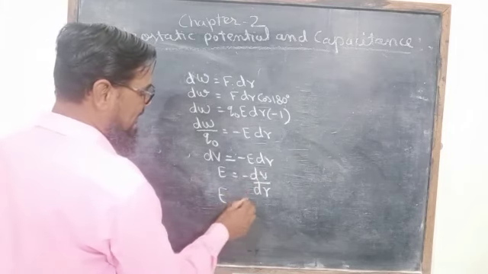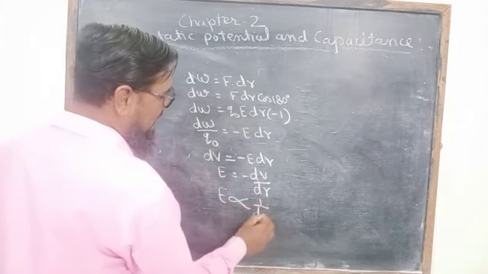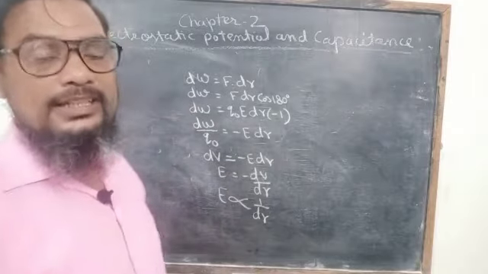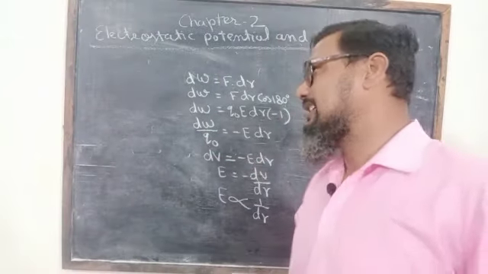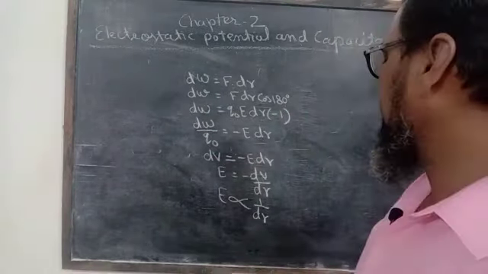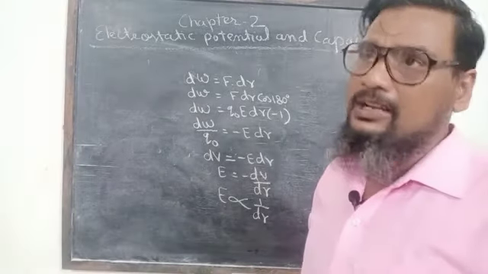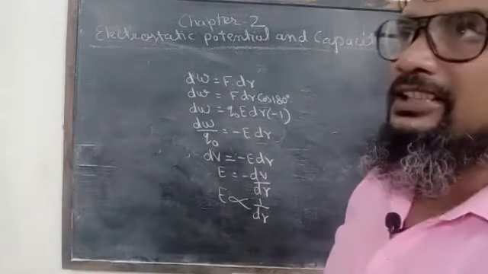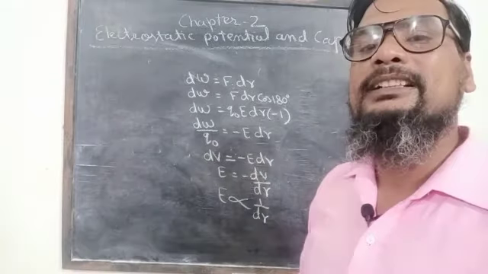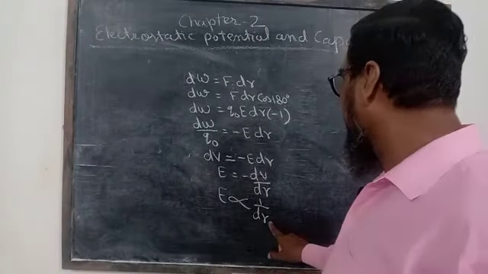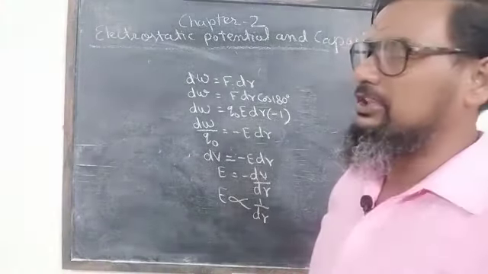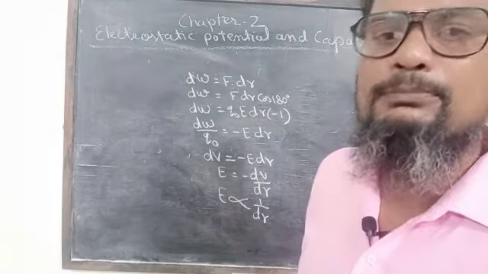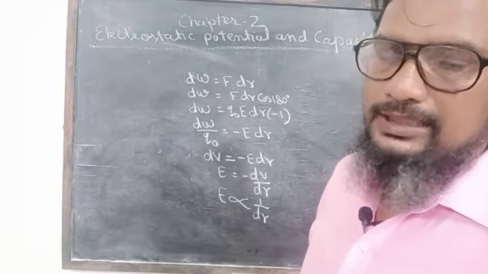So E is inversely proportional to dr, meaning in a strong electric field the spacing between the equipotential surfaces will be smaller, meaning where the electric field intensity is greater, the separation between the equipotential surfaces will be smaller. Understand?